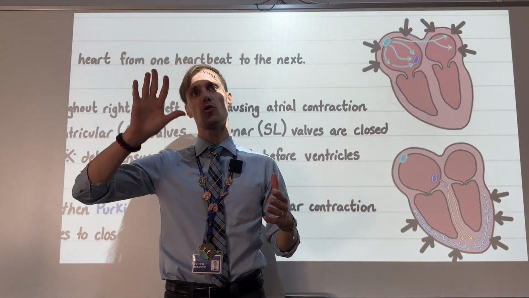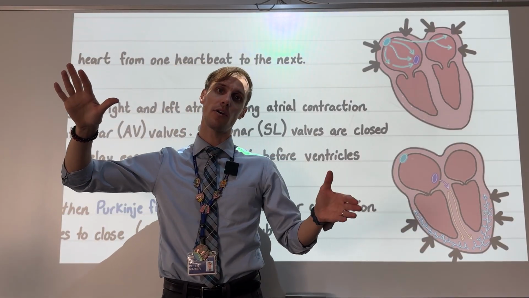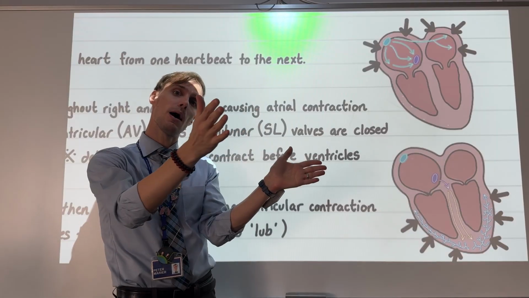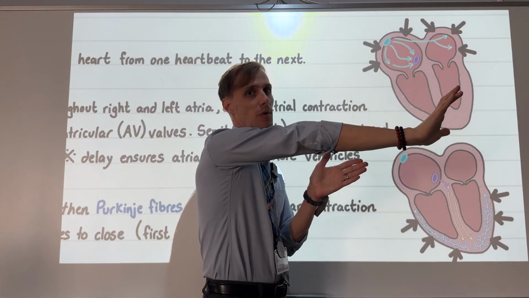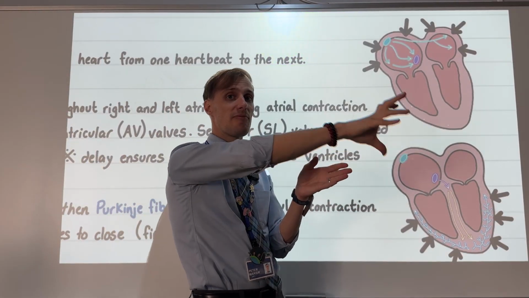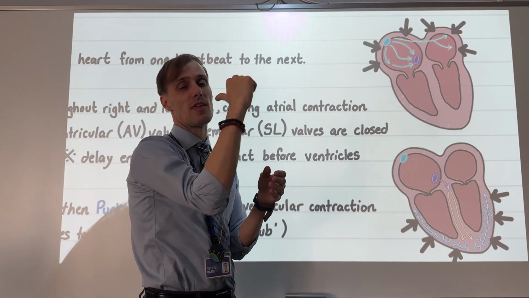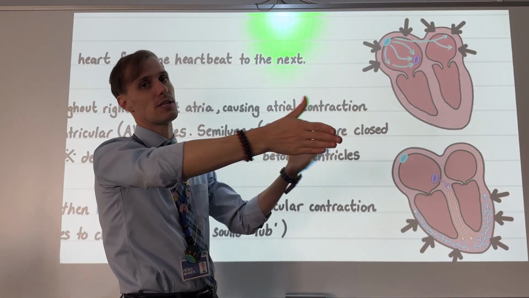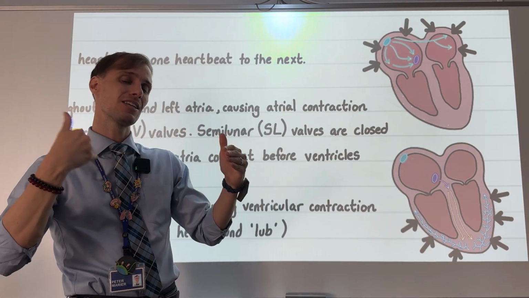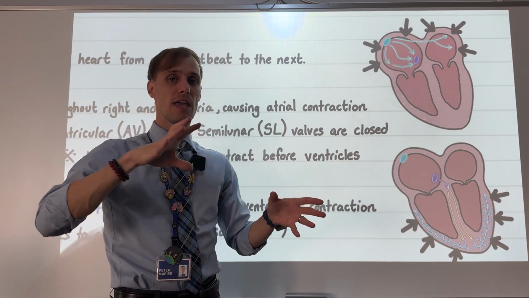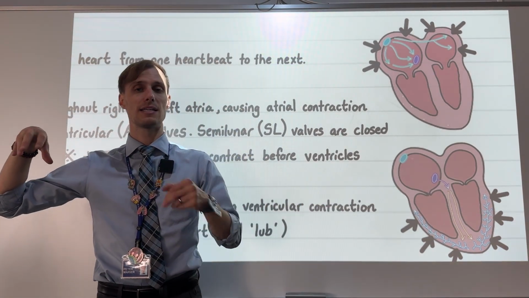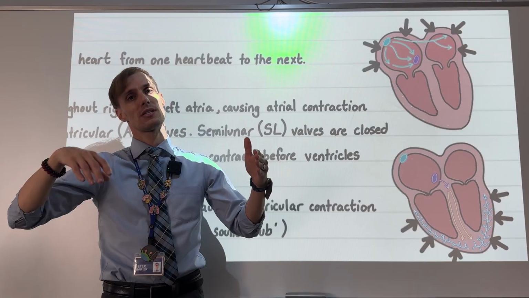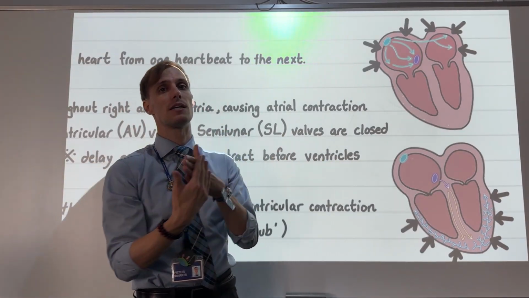If the pressure is greater on one side than the other, then that valve will open up, causing blood to flow in that direction. But if pressure over here is greater than this one, it's now going to cause the valve to slam back shut. So depending on the valve, if pressure is higher on one side, it's going to allow it to open. But if pressure is higher on the opposite side, it causes it to close.